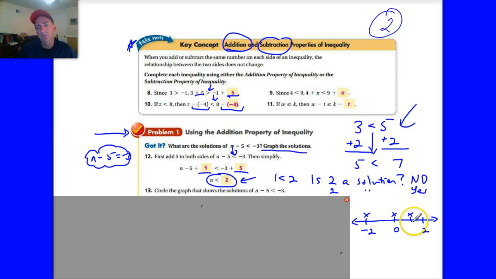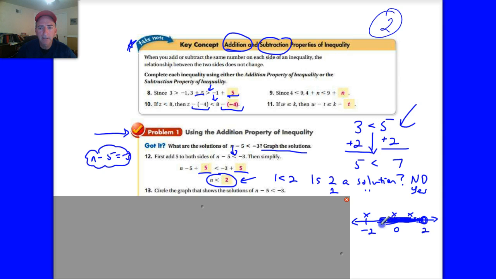So basically, what about 1.5? Craziness. 1.5 is a solution. How about 1.6? How about 1.7? 1.8? Do you get my point? So basically, all of these values are solutions up until I hit 2. So I'm going to put a circle on 2, an open circle, and I'm going to draw an arrow this way.